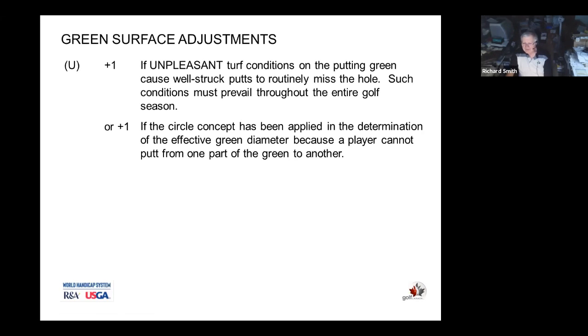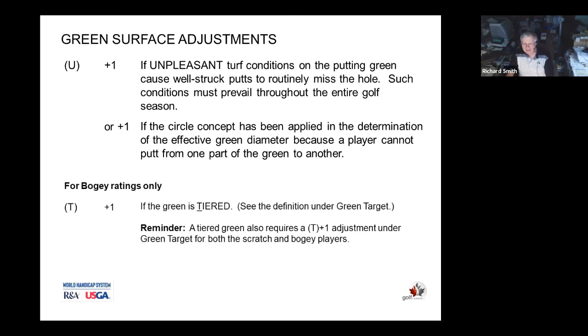Or if the circle concept has been applied in determining the effective green diameter, and there's part of the green you can't putt to from another part, then that would be an unpleasant situation, U+1. And for bogey ratings only, T+1 if the green is tiered. Now, remember, for both the scratch and bogey player got a tiered adjustment on green target. Only the bogey gets a tier adjustment on green surface.